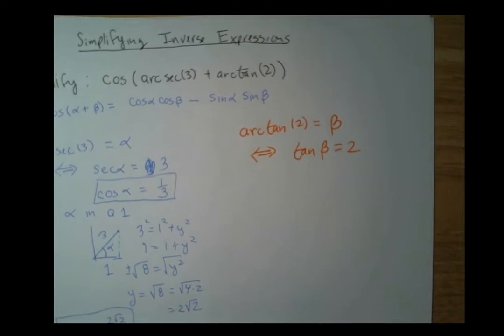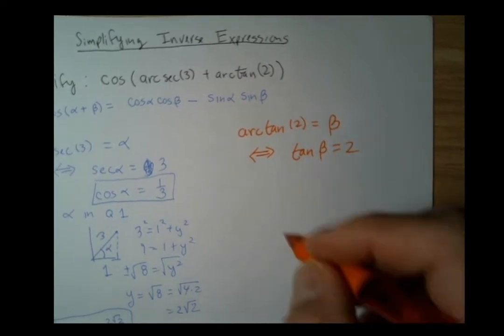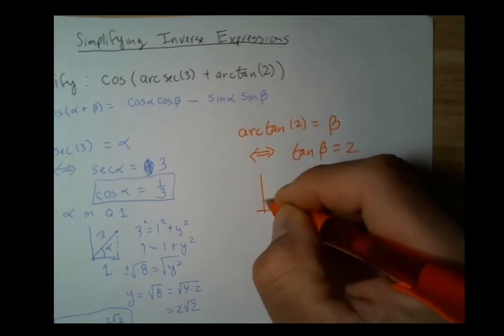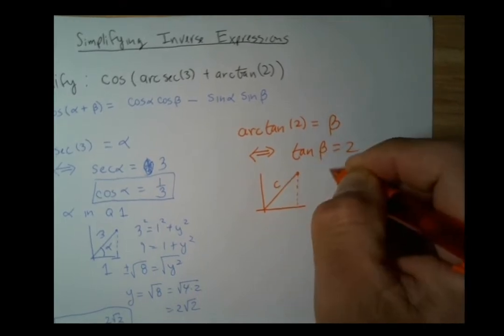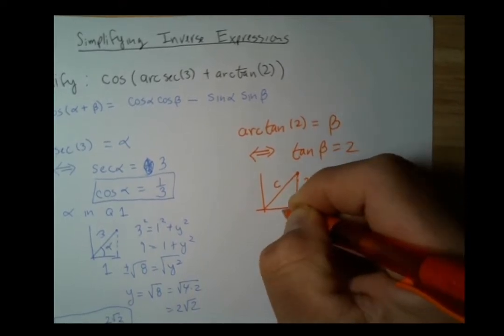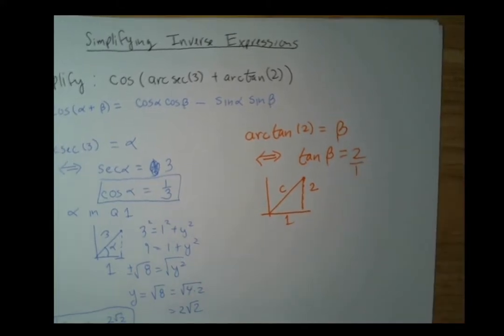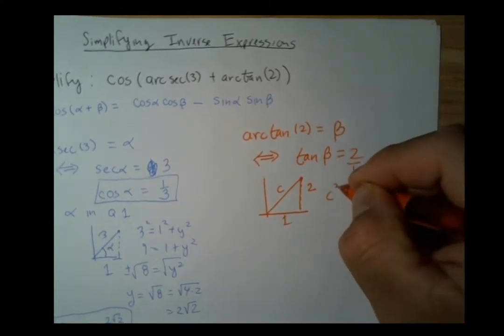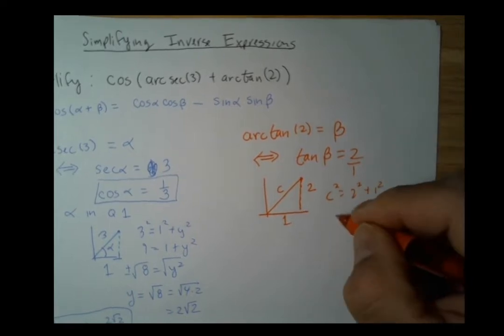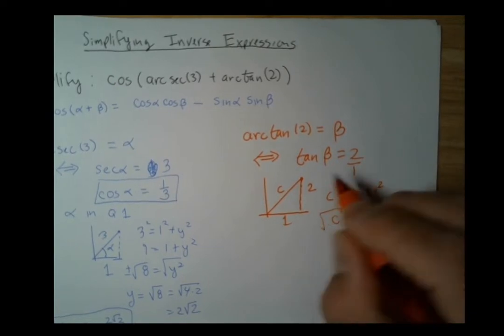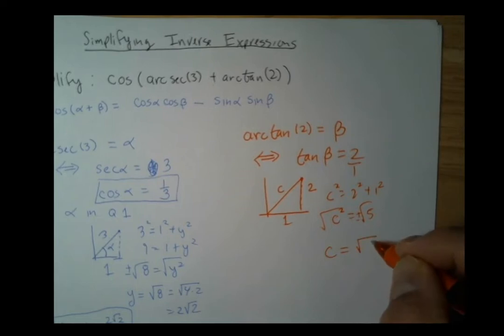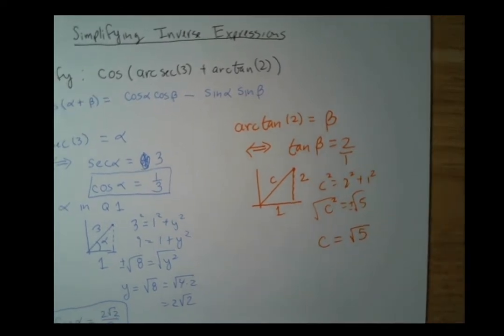Since tangent is positive, we have an angle in quadrant 1, somewhere between 0 and pi over 2. So the y is 2 and the x is 1, and you can think of it as a fraction 2 over 1. Finding our hypotenuse, we get 2 squared plus 1 squared, so c squared is equal to 5. Take the square root; since we're dealing with the hypotenuse, we always take that value to be positive. So we get root 5.